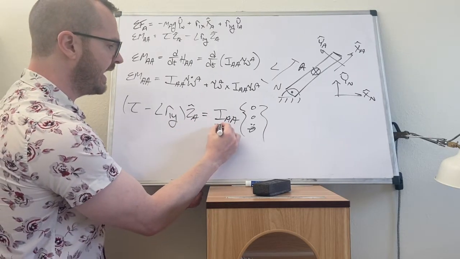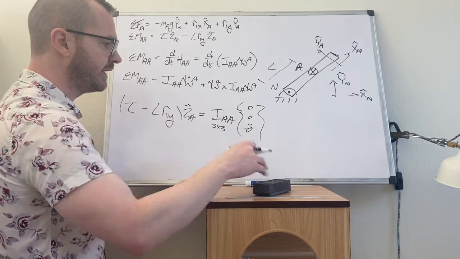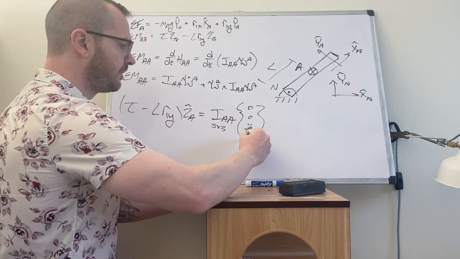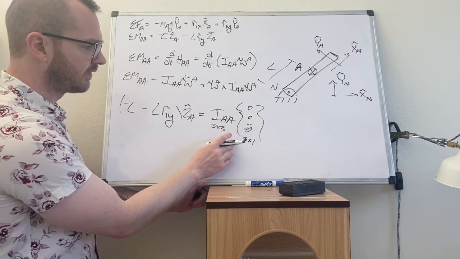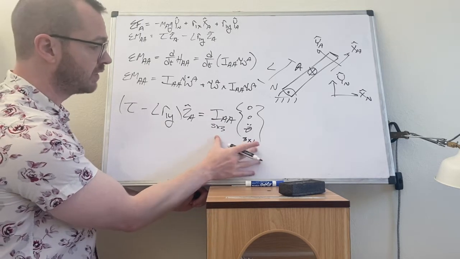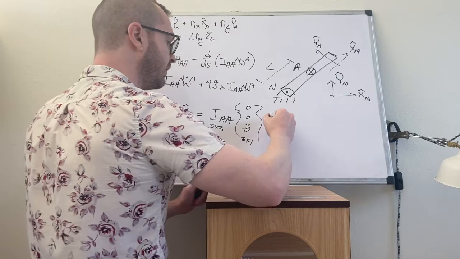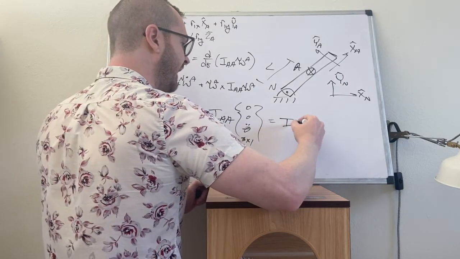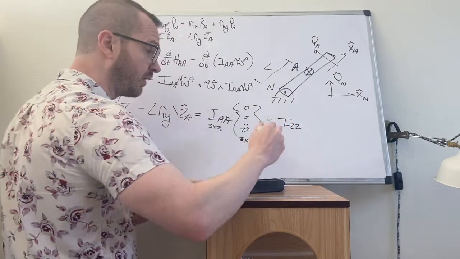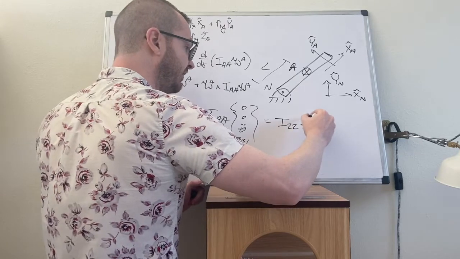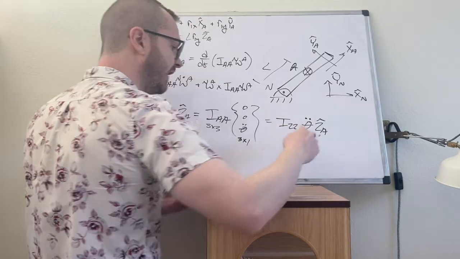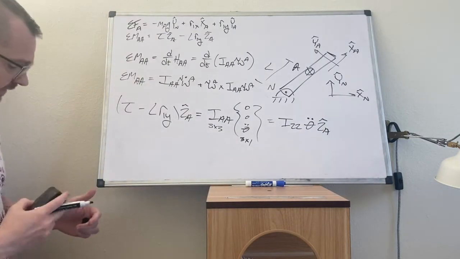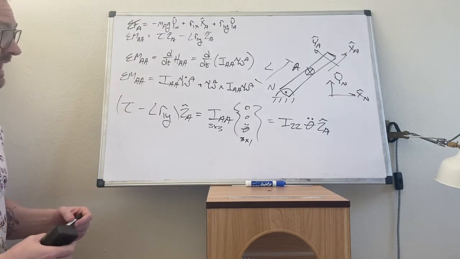The IAA, we know that this is a 3x3 matrix, or dyadic, however you want to think of it, and then the angular acceleration is a 3x1 vector. When you multiply these two together, what you're going to get is that IZZ term from the bottom right corner multiplied by the scalar theta double dot, and this is still a vector, so IZZ theta double dot ZA.